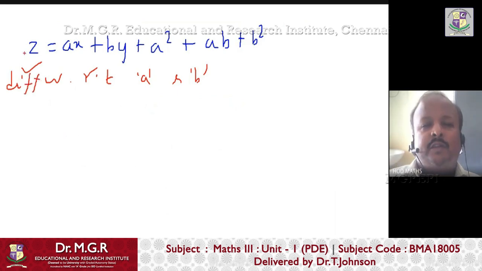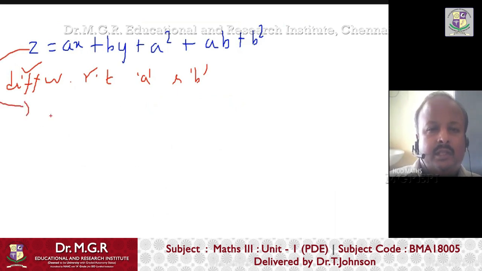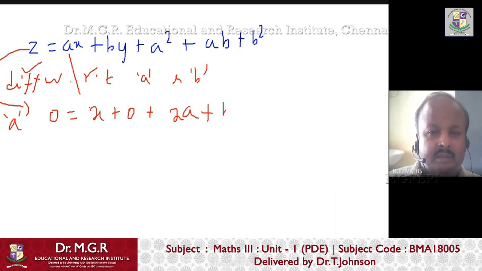Right? So first you differentiate this with respect to a. Then the left side is 0, and it is x. x plus, since we're differentiating with respect to a, b and y are constants, so it becomes 0, and then a square becomes 2a, just like x square becomes 2x. Then ab becomes b, because when differentiating with respect to a, b is like a constant.